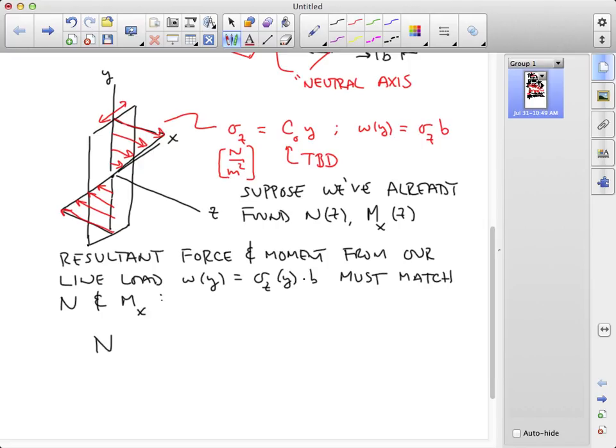We could also write our normal force as an integral from minus h over 2 to plus h over 2 of W of y dy.